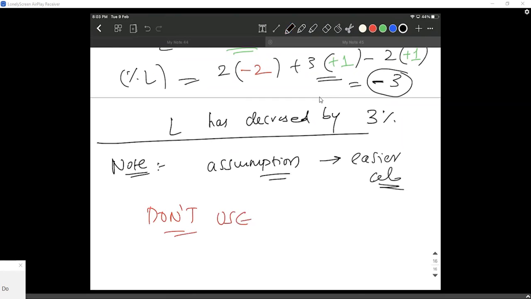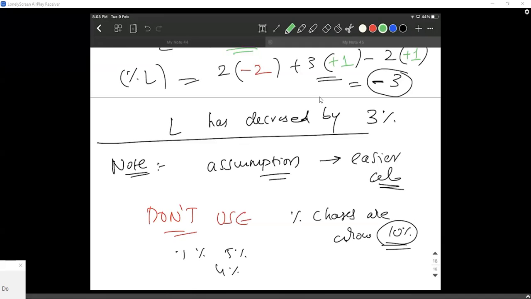Please don't use it when the percentage changes are around 10% or anything like that. 10%, 8%, please don't use it. 1% is fine, 5% is fine, 4% is fine. You can use it for all of these.